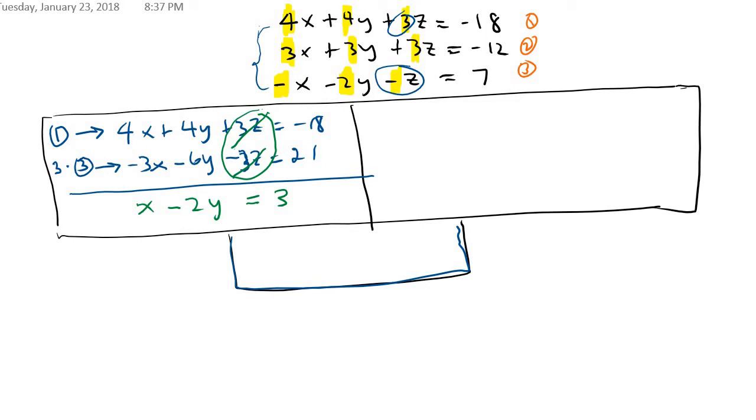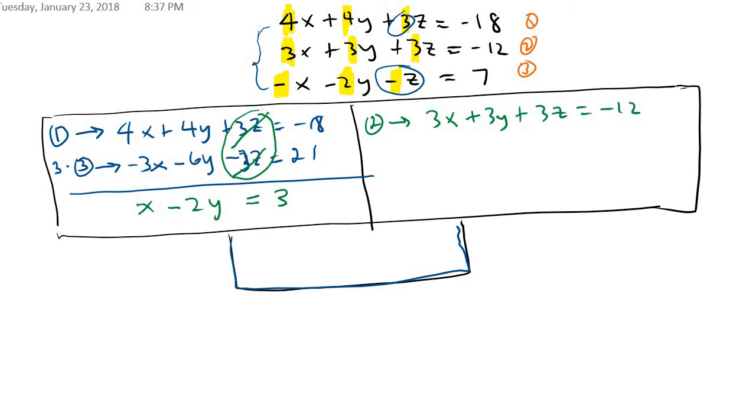Because of what we have done so far, I think it's easier to just combine equation 2 and 3, because we have 3 there, and we already multiplied this one by 3. We can just copy the result over. So we're going to write equation 2 down the way it is, which is just 3x plus 3y plus 3z equals -12.